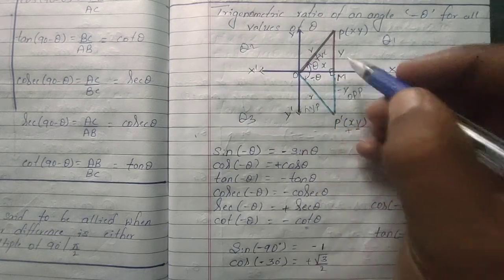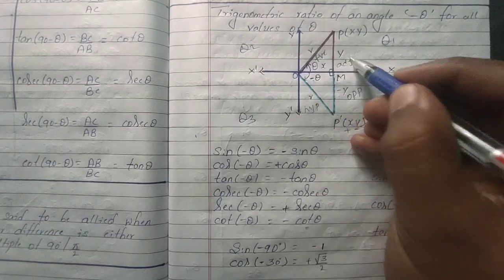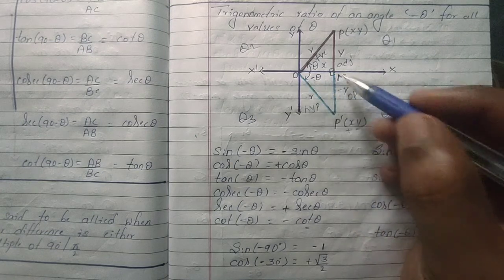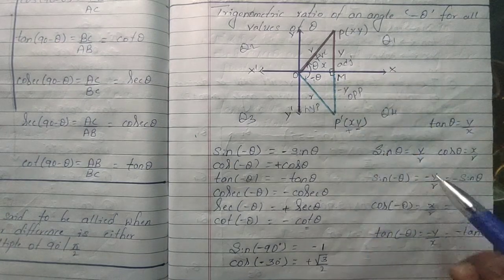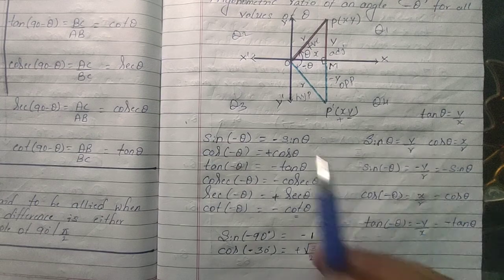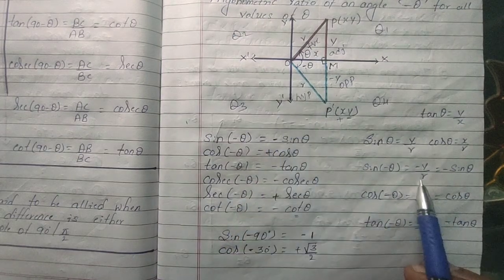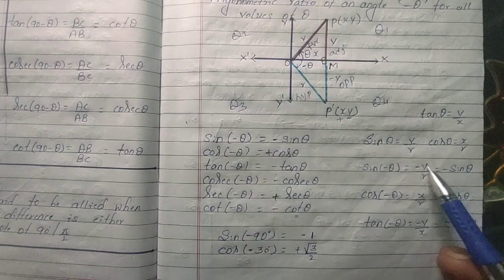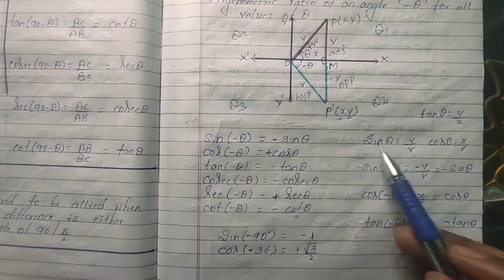This is nothing but adjacent. So opposite by hypotenuse means opposite is minus y. Yes or no? Minus y, hypotenuse is r. What is y by r? Y by r is nothing but sine theta.